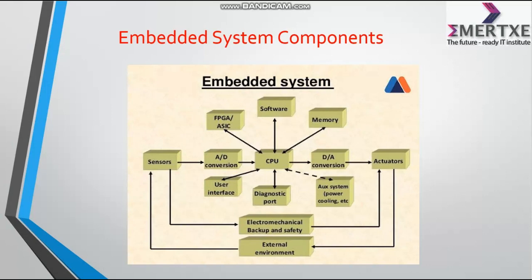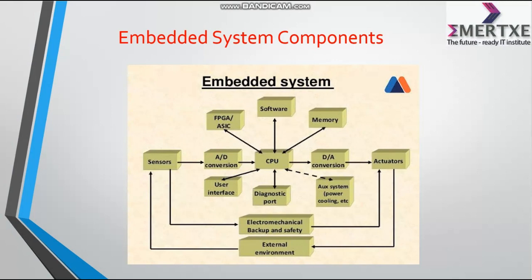Sensors read the information and values of the surroundings, and the values are in analog form. This analog form is converted into digital form using A to D converters. This digital data is stored in the CPU, and the CPU has memory, where data can be stored or retrieved, as it is bidirectional.